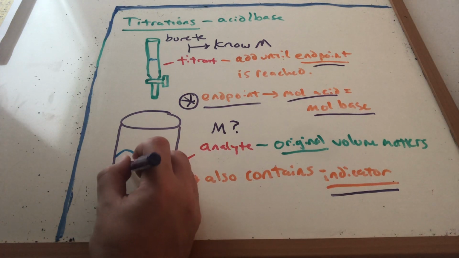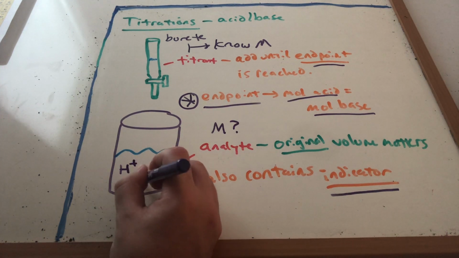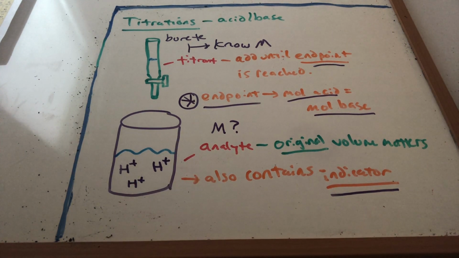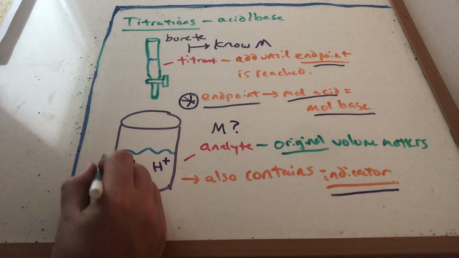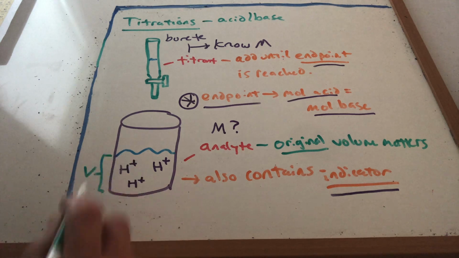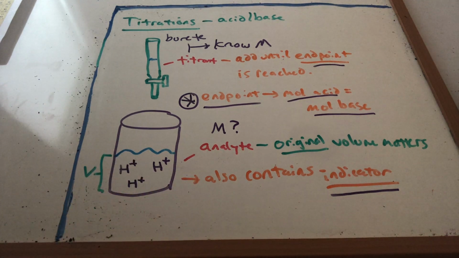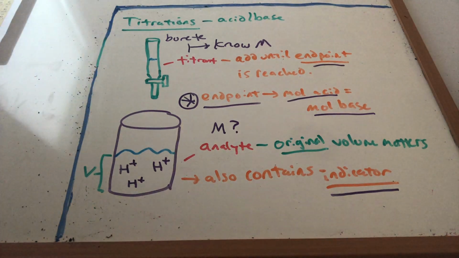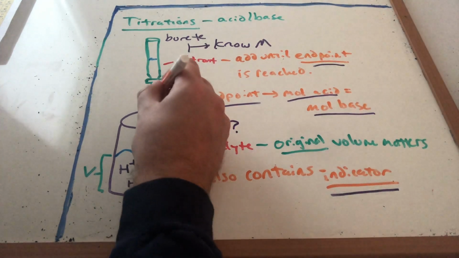So let's imagine that we have H plus down here to start with, and I'm just going to draw 3 different H pluses. Now, there's a certain initial volume that I'm trying to analyze, and only that initial volume matters. The H pluses are floating in that volume, and so there's a certain concentration. Now, I don't know what that concentration is, but if I know the concentration of my titrant up here, which would be OH minus, I'm going to monitor the volume of this that's added.